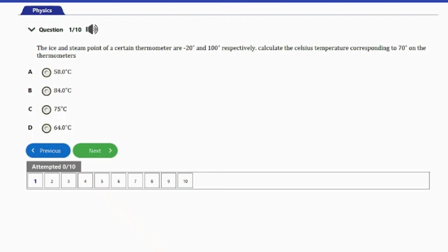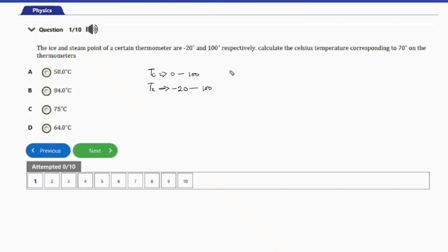It says, the ice and steam points of a certain thermometer are -20 degrees and 100 degrees respectively. Calculate the Celsius temperature corresponding to 70 degrees on the thermometer. So guys, for this, the temperature scale for the Celsius reading, let's say TC, corresponds to readings from 0 to 100, whereas for this one, the readings are from -20 to 100.